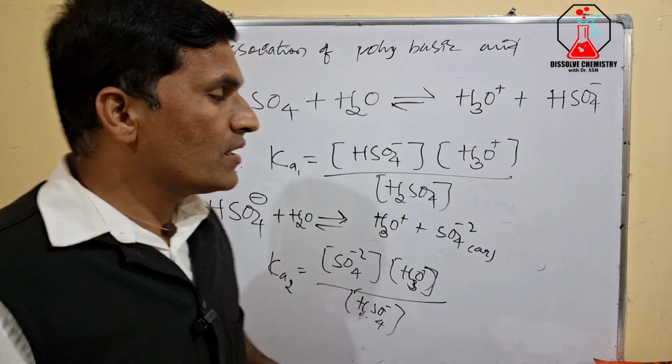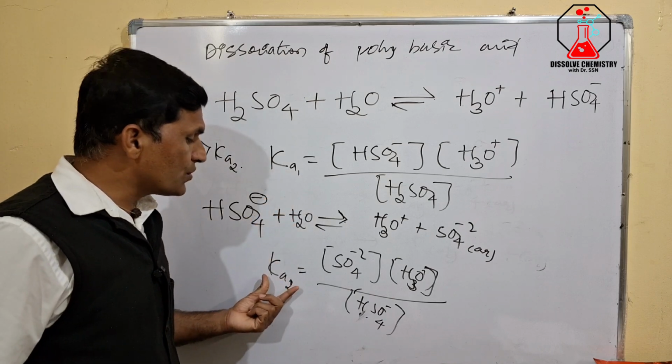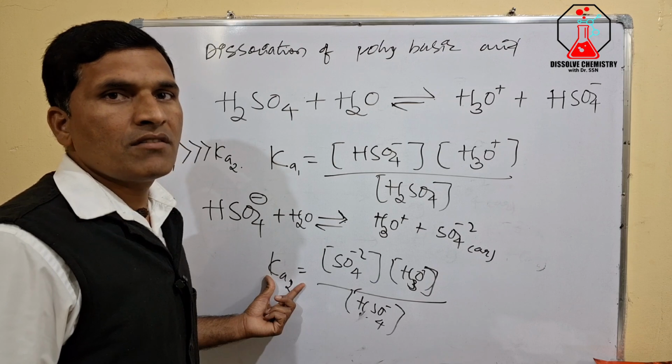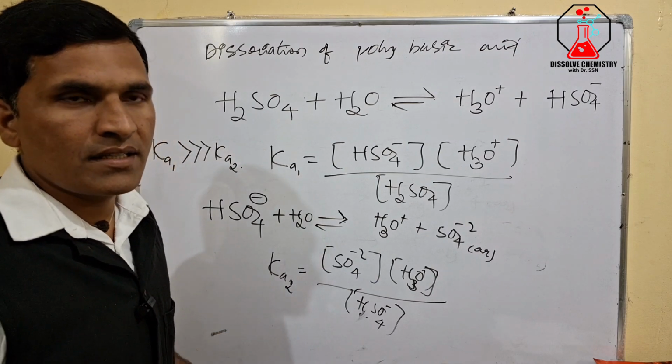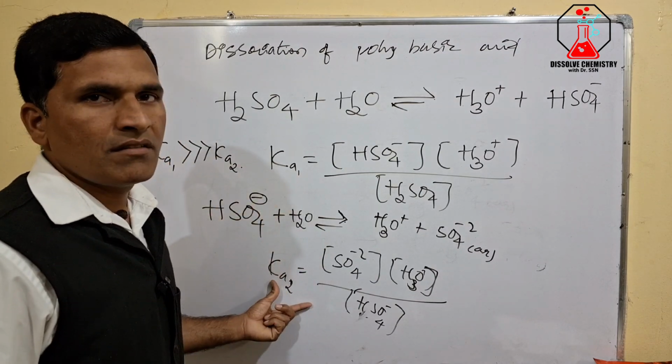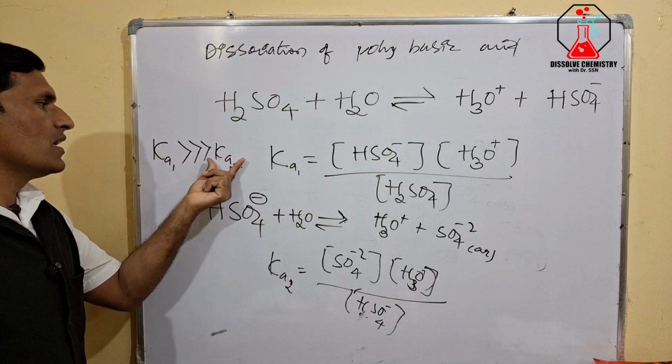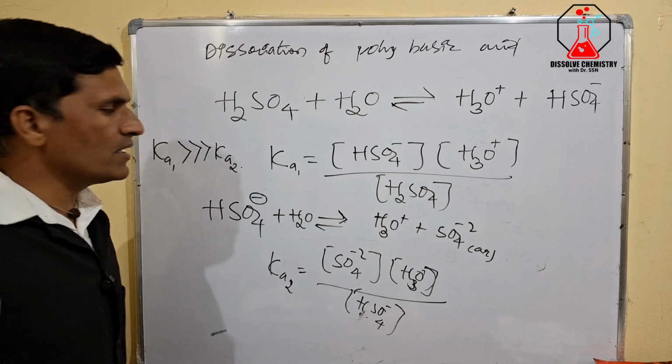Therefore the dissociation constant for the second proton will be very low compared to the first, which is too high. We won't give the value, and this one is too low comparatively.